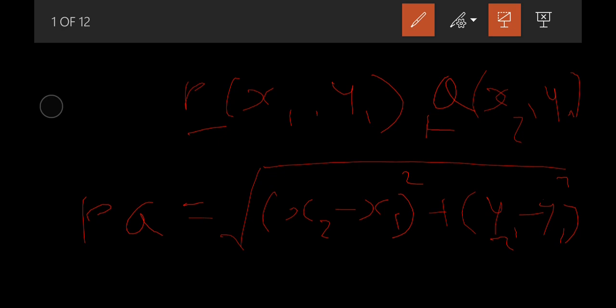By this formula we can find the distance between any 2 points, and it is known as the distance formula that we have discussed.